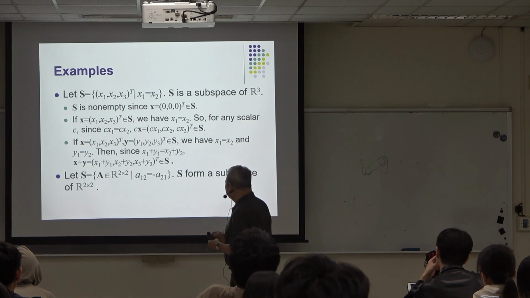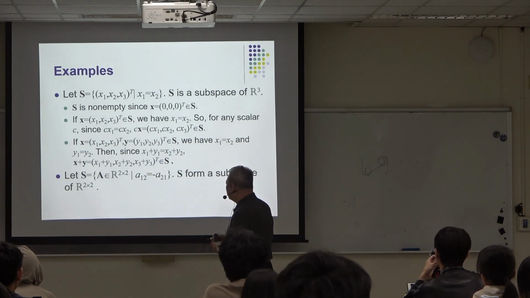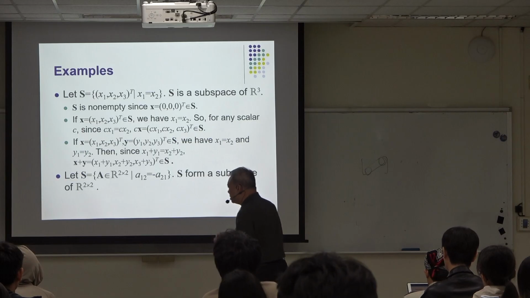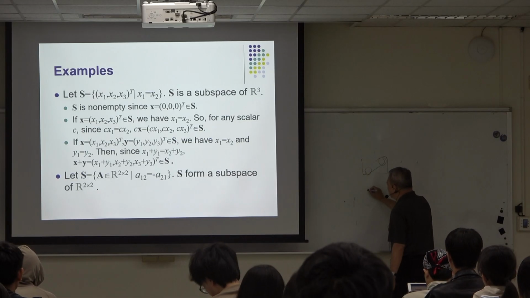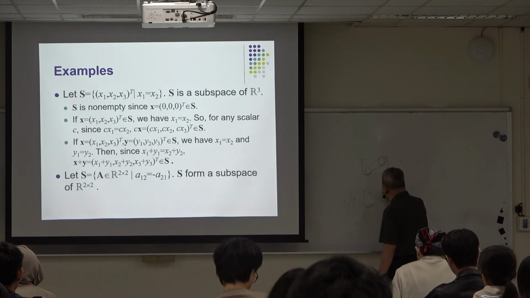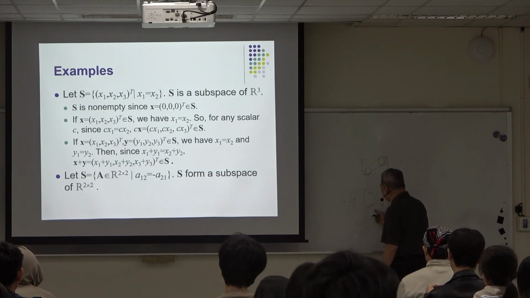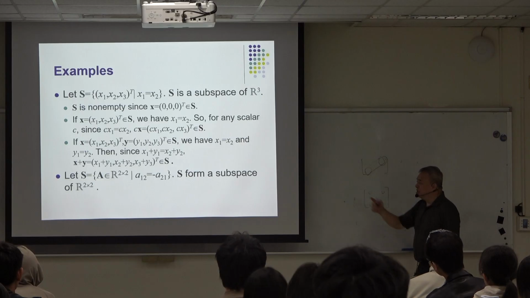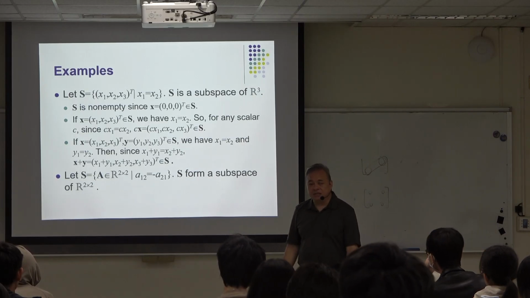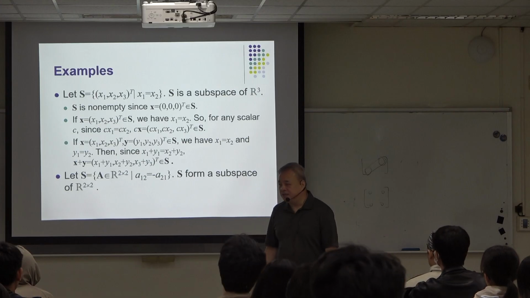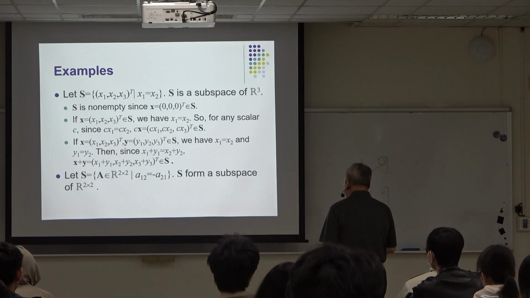So this forms a subspace of R 2 by 2. Obviously, again, you can see the zero matrix (0, 0, 0, 0) is in S, right? So it's non-empty.